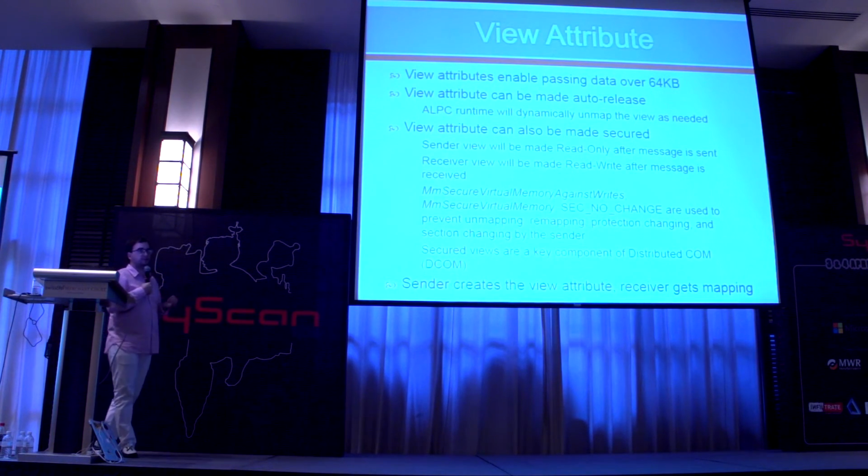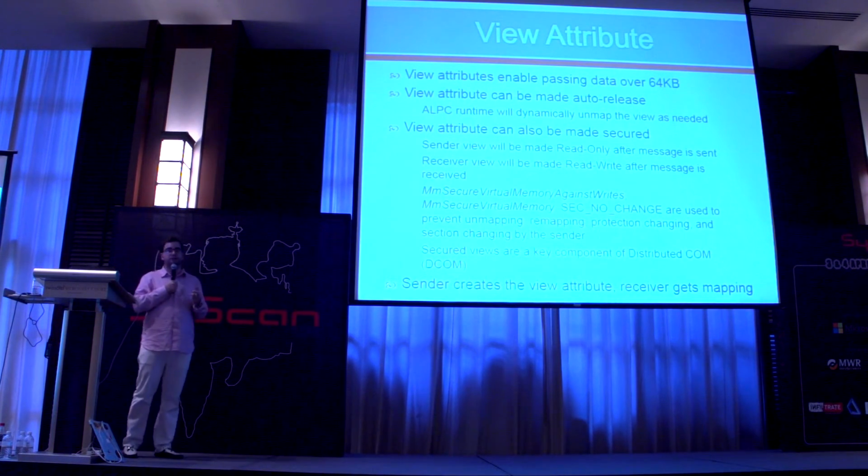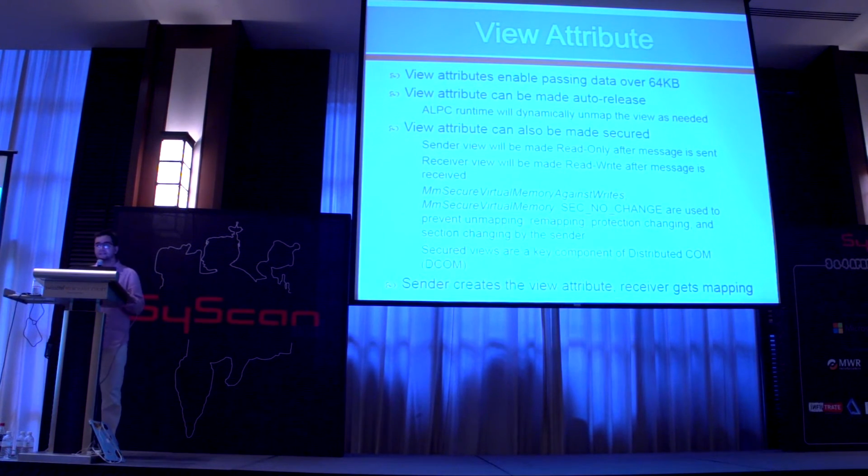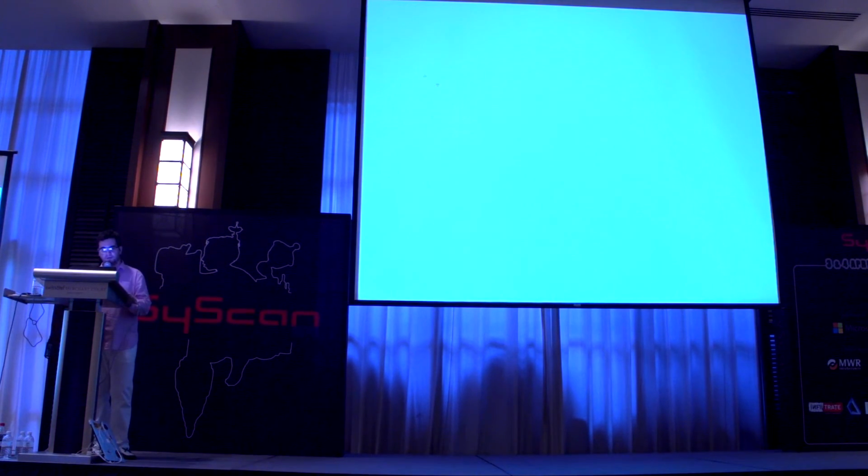The other really nice thing it gives you is the ability of a secured view. And what secured view says is, well, if I have a client and a server, and they're sharing data, what can happen is I can have a client sending a message to a server, and remember, they have two separate views, but these two views are sharing the exact same piece of RAM.